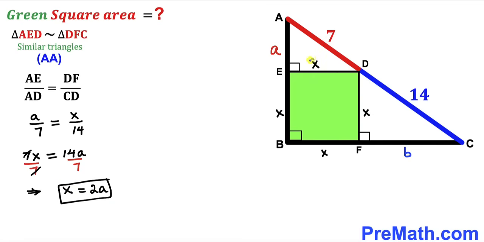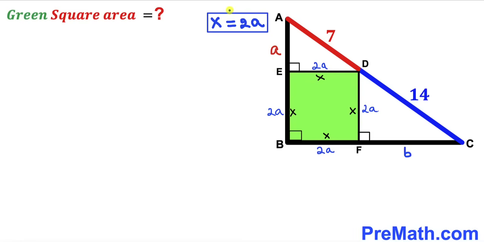Likewise, all these sides are 2 times a across the board. Thus we can write x equals 2a.